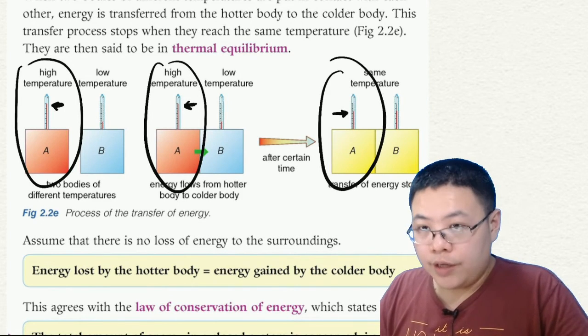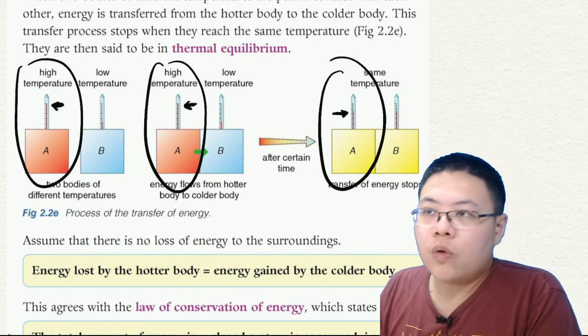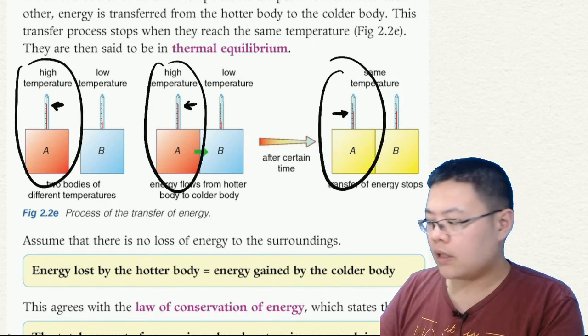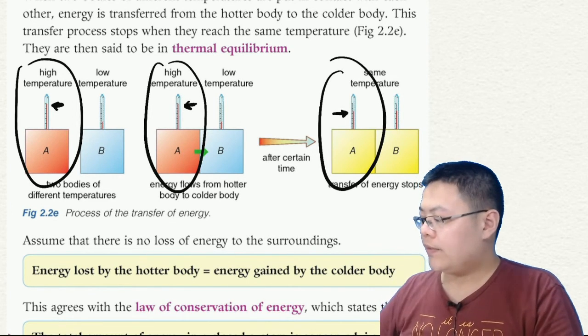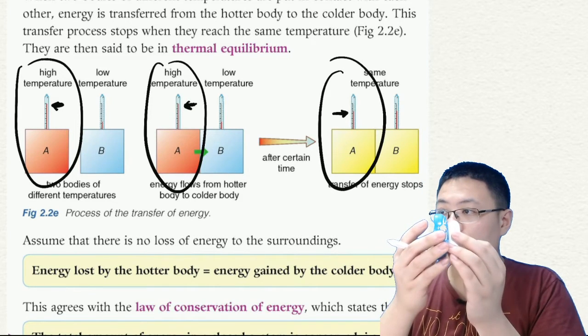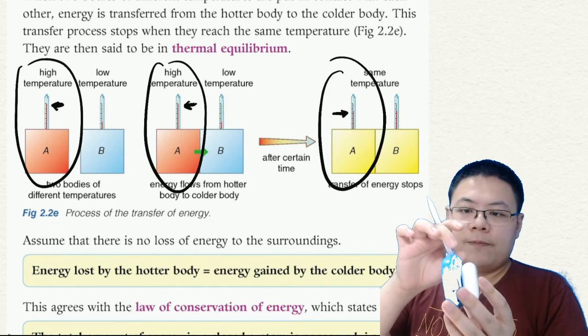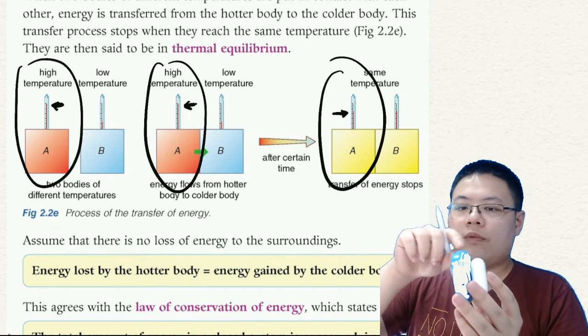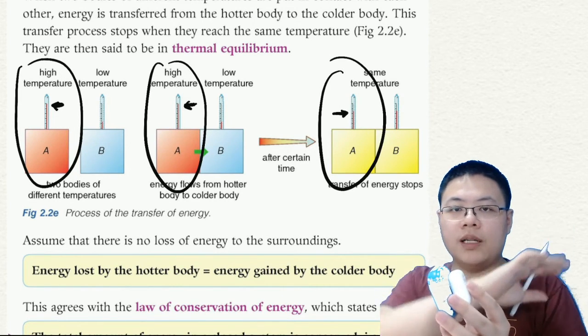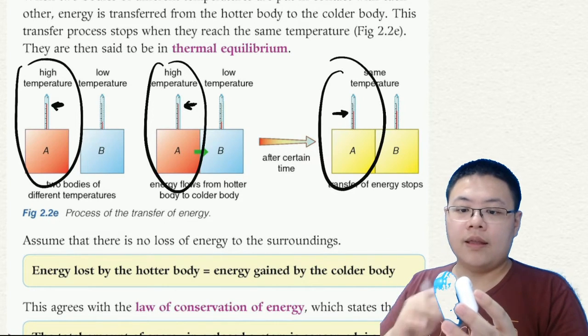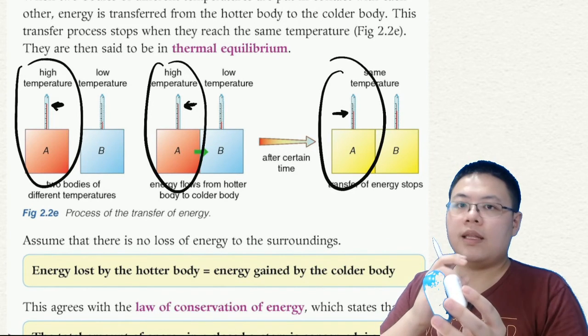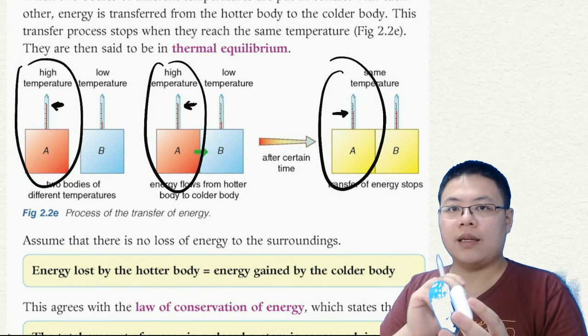And if there is no energy loss to the surrounding, for example, let's say these two objects touch each other. In real life, some heat will go from one object to the environment, to the air, or to my hand. Not all the energy is transferred from one object to the other.